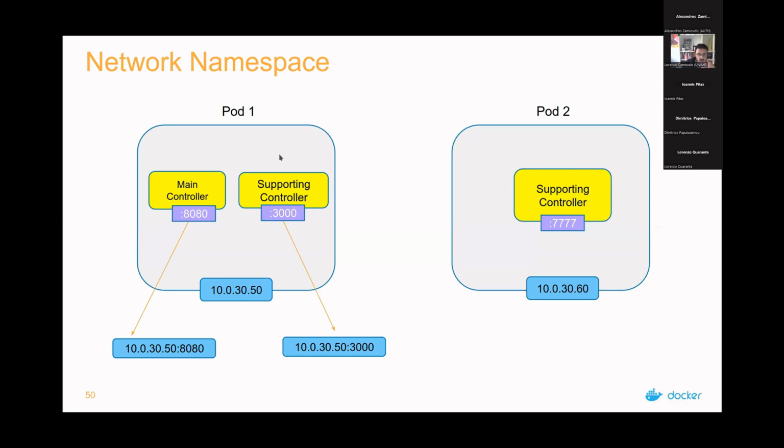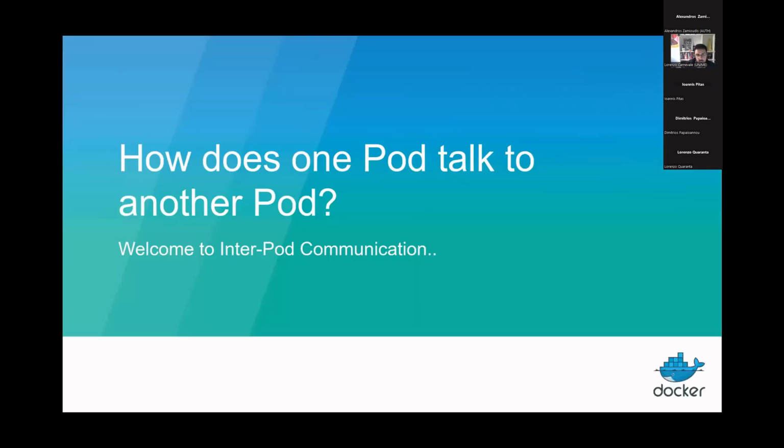The same story is valid for the supporting controller, and of course also the supporting controller on the pod 2. So it uses the common networking approaches. So the utilization of the network layer for the use of the protocol IP, and the transport layer for the utilization of the sockets, and then opening ports for allowing the access to this specific service.